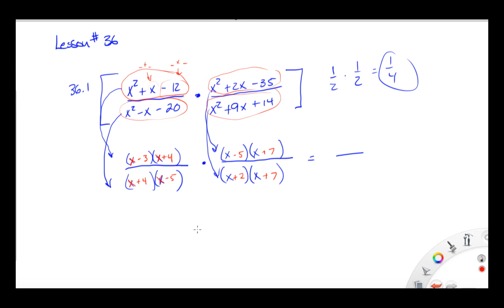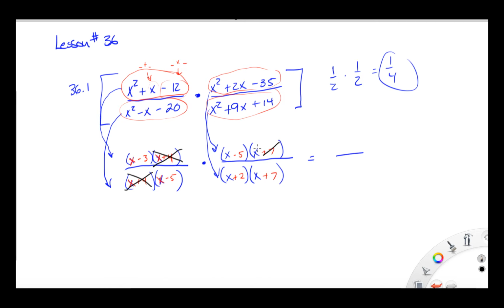Okay, now here's the cool thing: when we get these, we can actually cross out ones that are the same. In other words, we're going to reduce. Okay, so I'm going to do this in a different color. I'm looking for top and bottom to be the same. So this x plus 4 and this x plus 4 can go away.